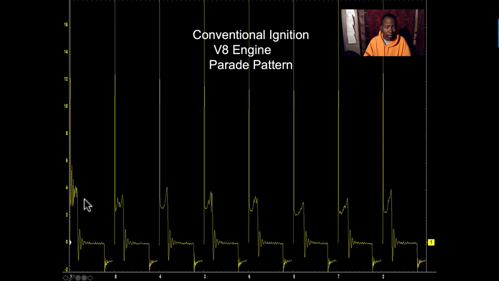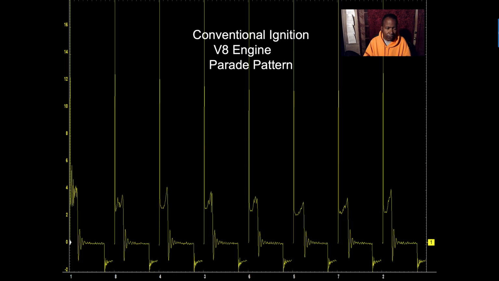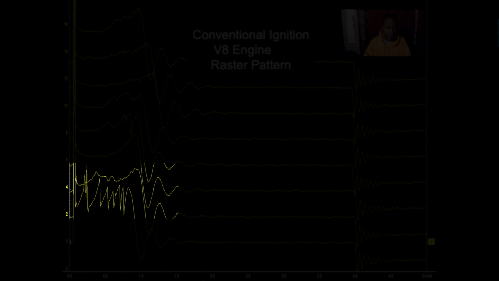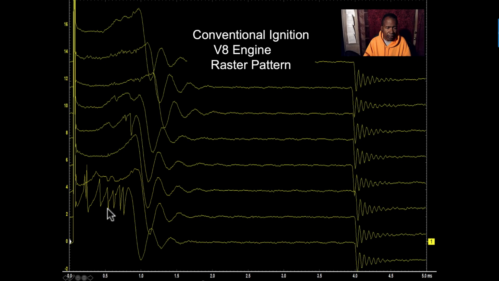I put it on the raster, you see it much better now. Remember, that's the parade pattern. When I switch it to raster, remember raster is a better way to see the spark line. Look at all this turbulence on the spark line. That's an indication that the cylinder is not sealing. Look at the spark lines here.